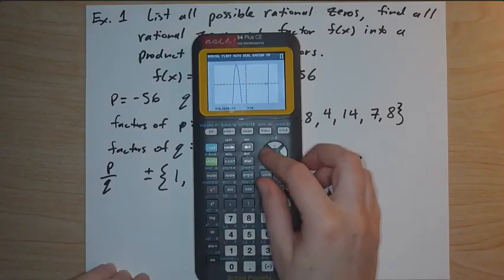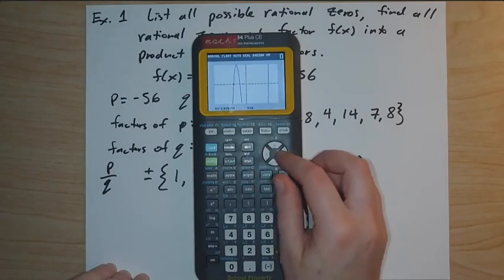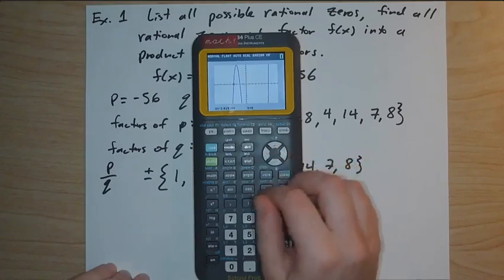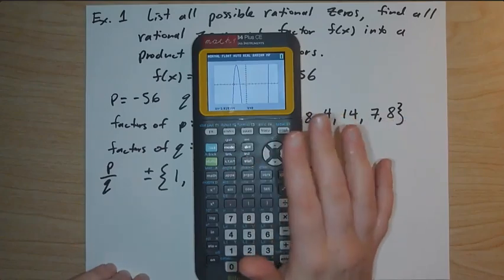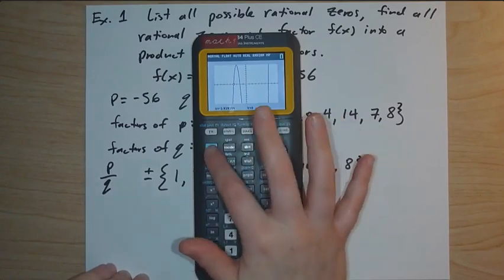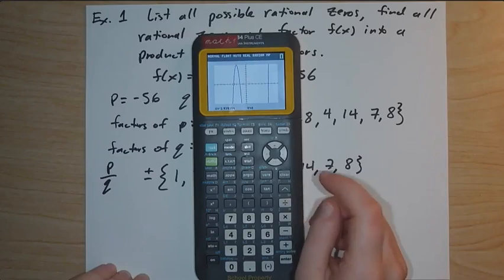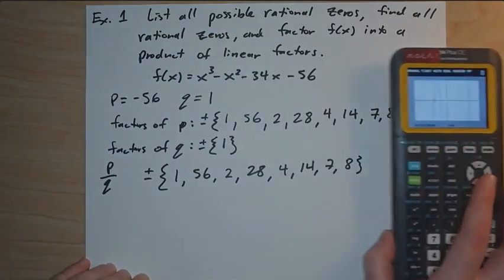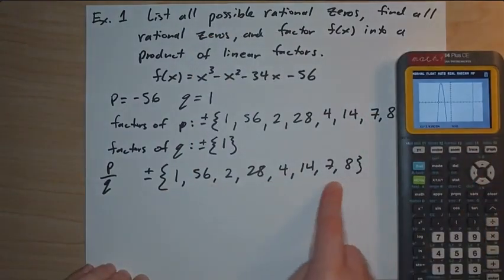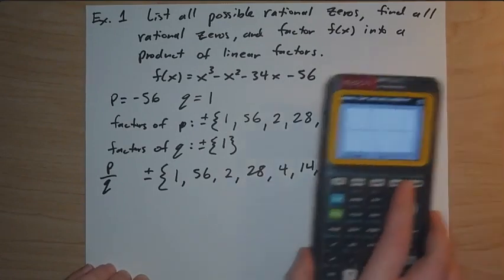And you can get your little cursor here and go to where it crosses the x-axis. It doesn't quite land there, but if you wanted to find the actual zero, you could go second trace and then to 0 to make sure that's where the x-axis is. But since we have all the possible rational zeros, we can essentially just make do.